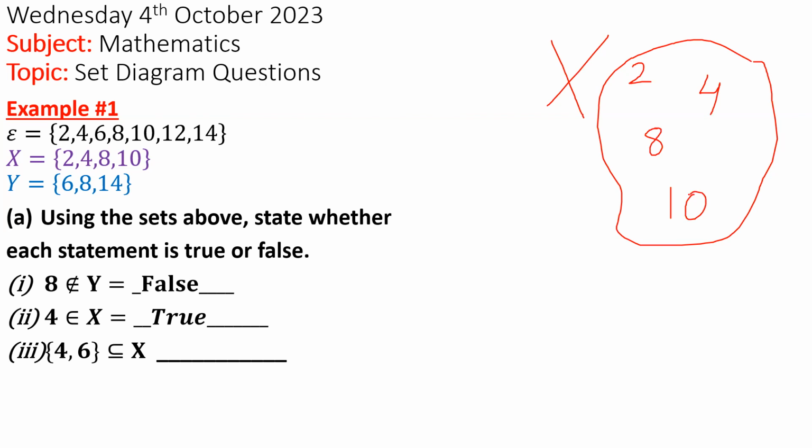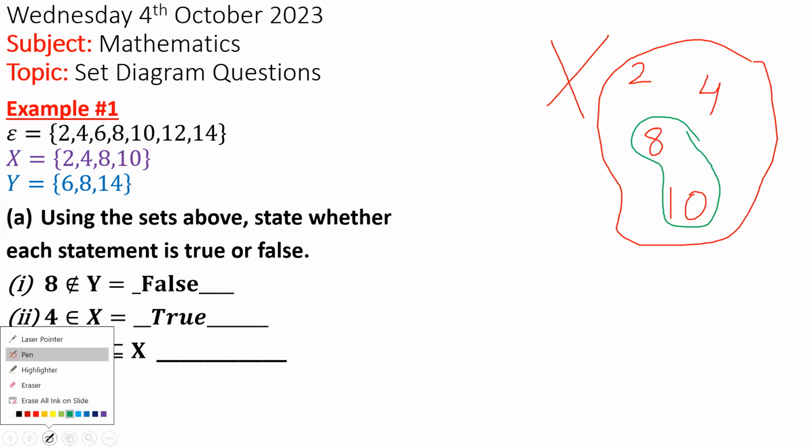Now a subset of this set would be like, I know we learned about subsets before, something like 8 and 10. Would 8 and 10 be a subset? Yes, sir, it would be a subset.